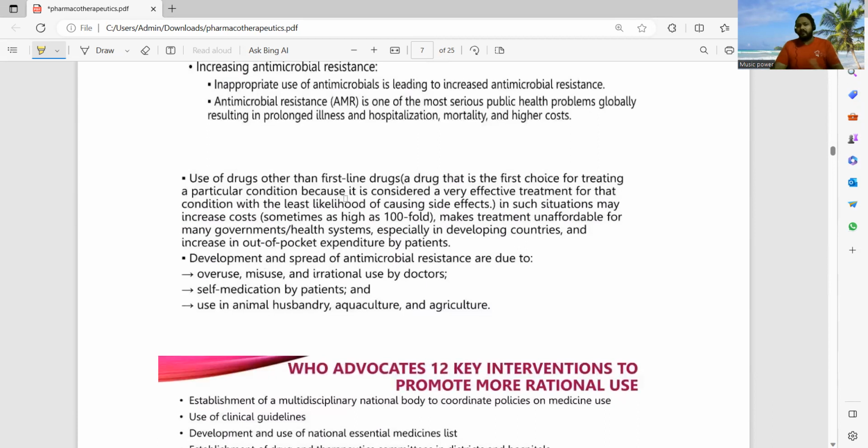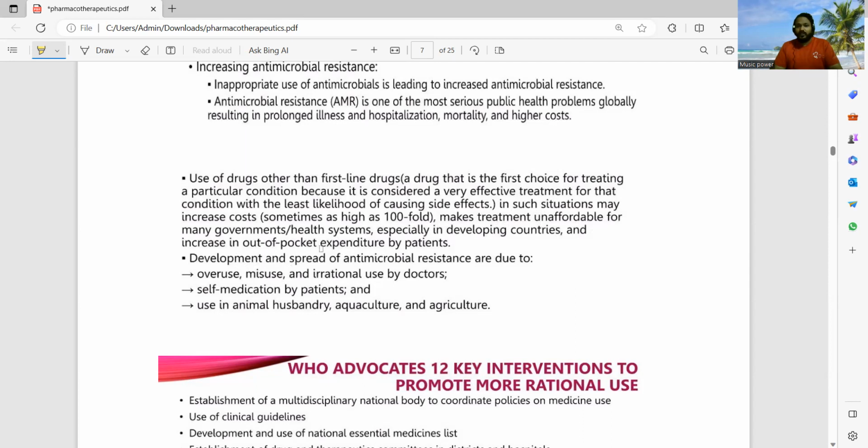Use of drugs other than first-line drugs, a drug that is the first choice for treating a particular condition because it's considered a very effective treatment for that condition with the least likelihood of causing side effects, may increase the cost, sometimes as high as a hundredfold, making treatment unaffordable for many governments and healthcare systems, especially in developing countries.